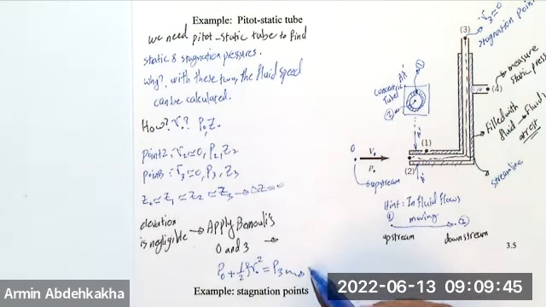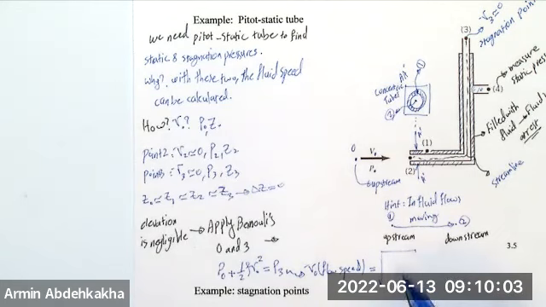So then we can write that V, which is V0 for flow speed, is equal to the square root of 2 times (P3 minus P4, if P0 is also P4) over rho.